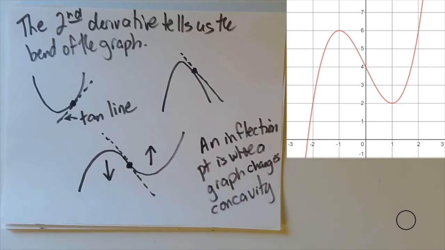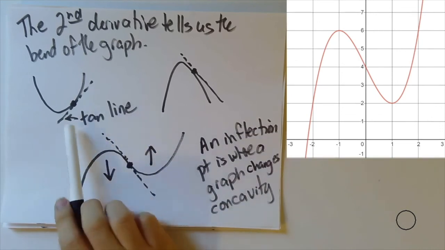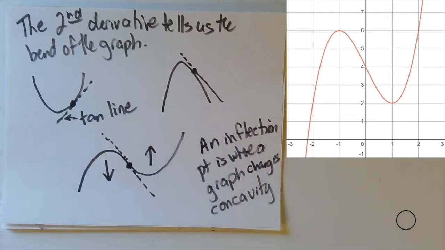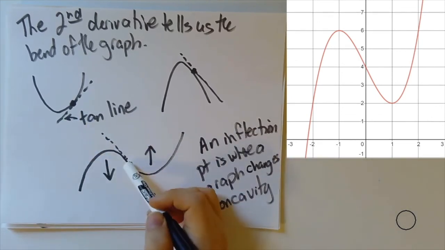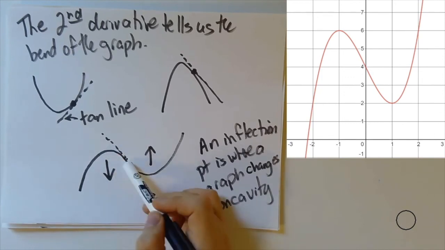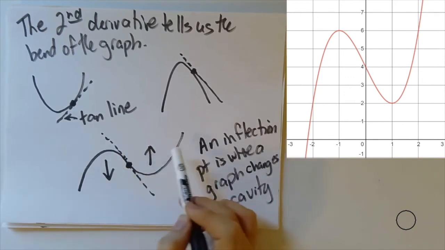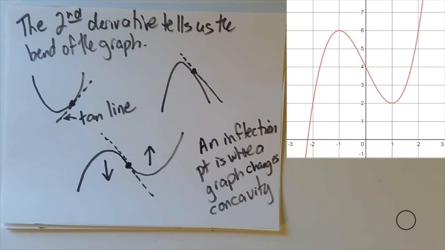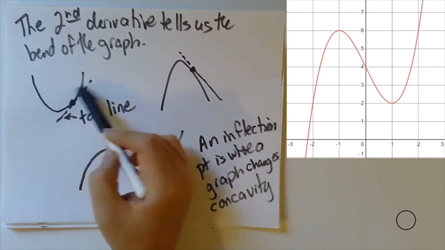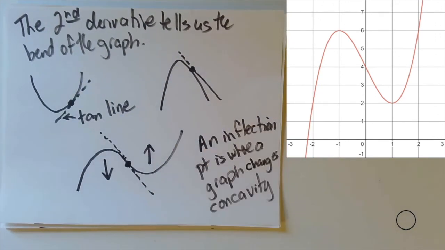And that, again, is because of what's happening with bend. If to the left it's concave down, then the graph has to be below the tangent line, and if to the right it's concave up, it has to be above the tangent line. So a different way you can think of inflection points is that they are exactly those special points where the tangent line crosses the graph. Most places the tangent line won't cross the graph. It'll stay either below it or above it, as you saw in those places.